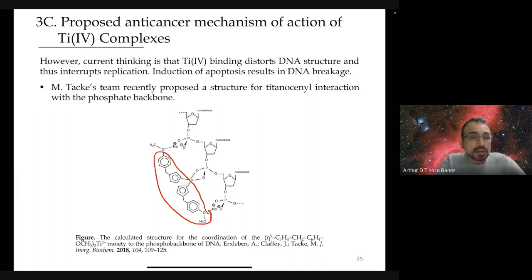Then the titanium has the capacity to maintain those ligands bound to the metal, right? But then the titanium can coordinate to the phosphate group, so that you have the whole titanocene derivative moiety serving as this agent that can bind to the DNA backbone, the phosphate backbone, and distort the DNA. And so that is believed to be a possible mechanism by which the compound, to an extent, remains intact and is able to exhibit this effect.